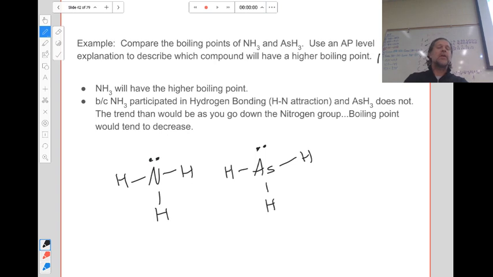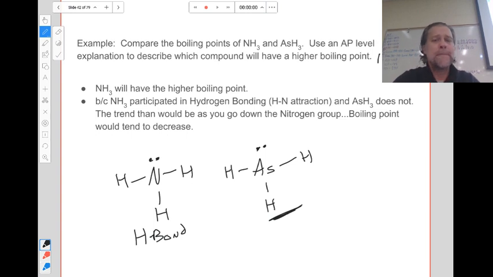And the electronegativity, remember, that's the pulling of electrons in the bond toward that atom. But remember, we're really trying to talk about why a larger molecule would have a lower boiling point as you go down. So this is hydrogen bonding. And this is, what type of bonding is this, if I had two arsenics bonded together?